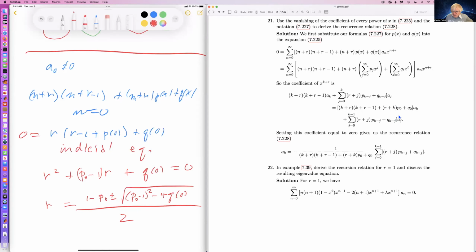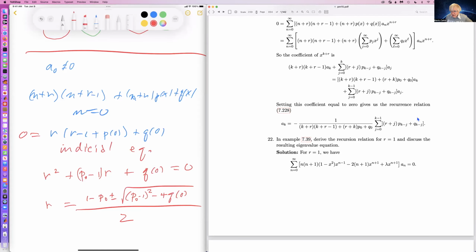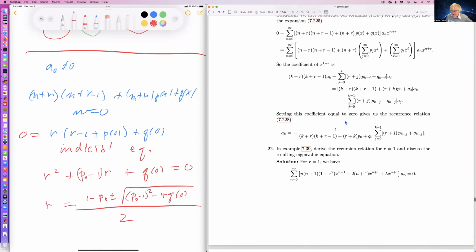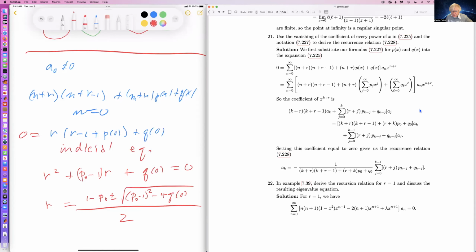All right, well, I must say this is a little bit hard to absorb on the fly. Anyway, we set that equal to 0, we get this expression, but it's not immediately obvious to me how this works, because we have double sums here.